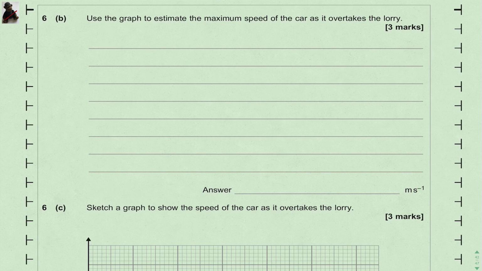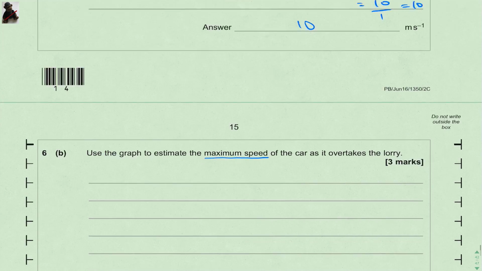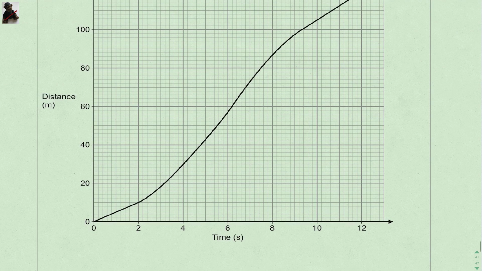Question 6b. Use the graph to estimate the maximum speed of the car as it overtakes the lorry. The maximum speed of the car is the steepest gradient, basically, the highest gradient. So if we go back to the graph, we need to find the steepest gradient.